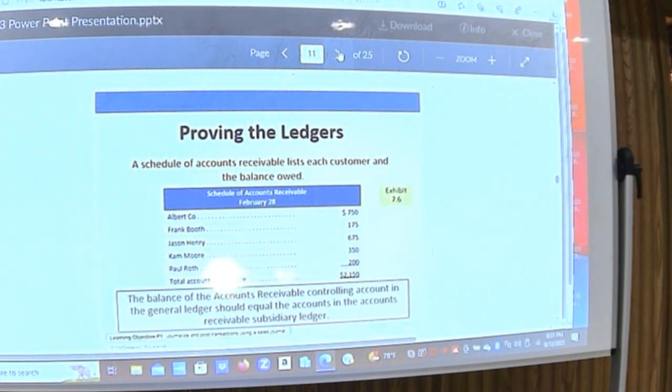You can see on the very bottom there, total accounts receivable, $2,150. The balance of the accounts receivable controlling account, now remember, that's in the general ledger, should equal the accounts in the accounts receivable subsidiary ledger. So that's just a way of ensuring accuracy in your accounting records.